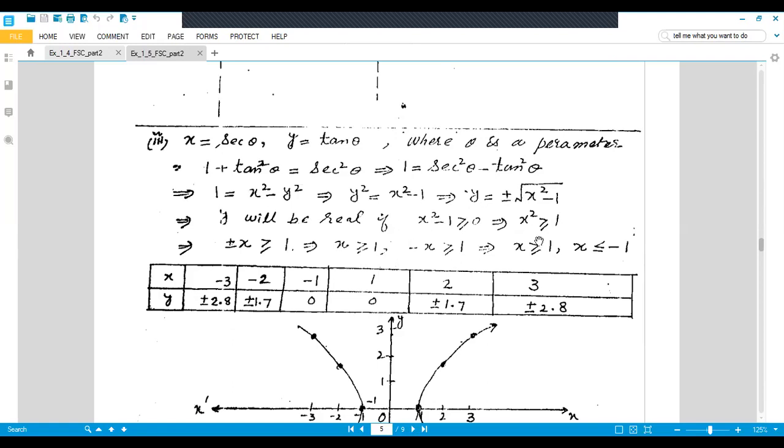So that means here the limits are not given. You find that it is when x is greater than or equal to 1 and minus x. So the limit is from 1 to -1.